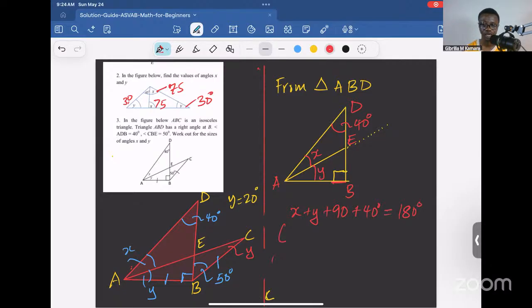The sum of angles in a right angle triangle. Sum of angles in a triangle. So this becomes x plus y, now 20, plus 90 plus 40 equals 180 degrees. So your x plus, you add this, 20 plus 40 is 60, plus 90 gives you 150. 150 degrees is equal to 180.